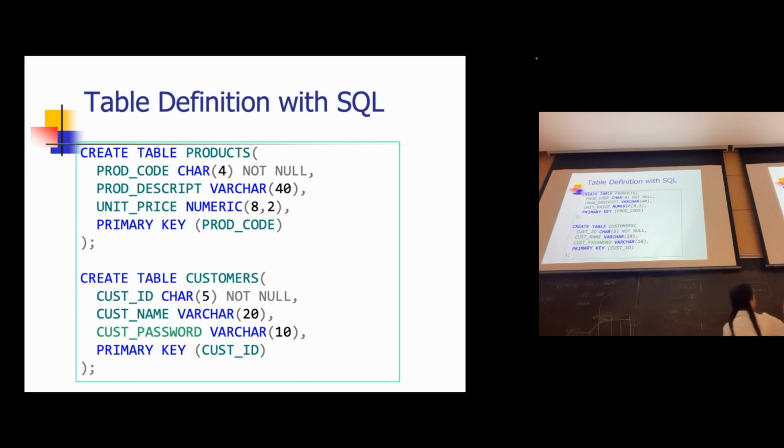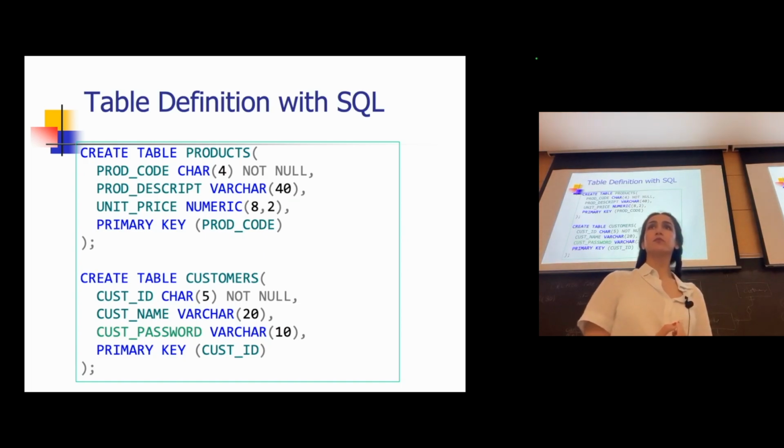So let's say first I create the customer table, second I create order. Before product, is there any relationship between order and product?